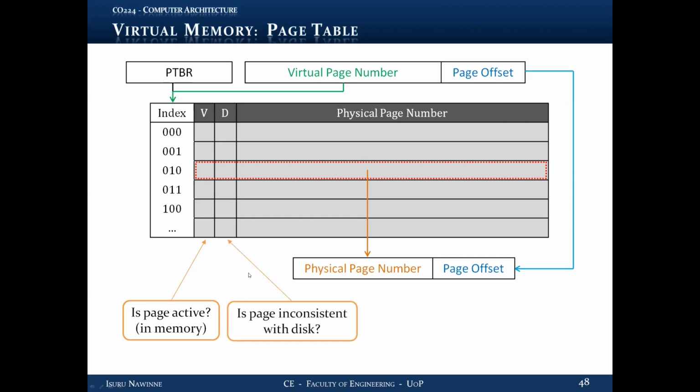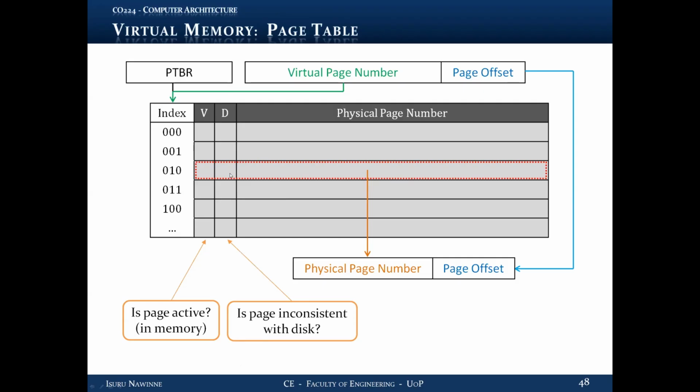Then the dirty bit, the meaning of that is, is the page inconsistent with the disk? Has this page received a write? So the page data in memory is now not the same as the data on the disk.